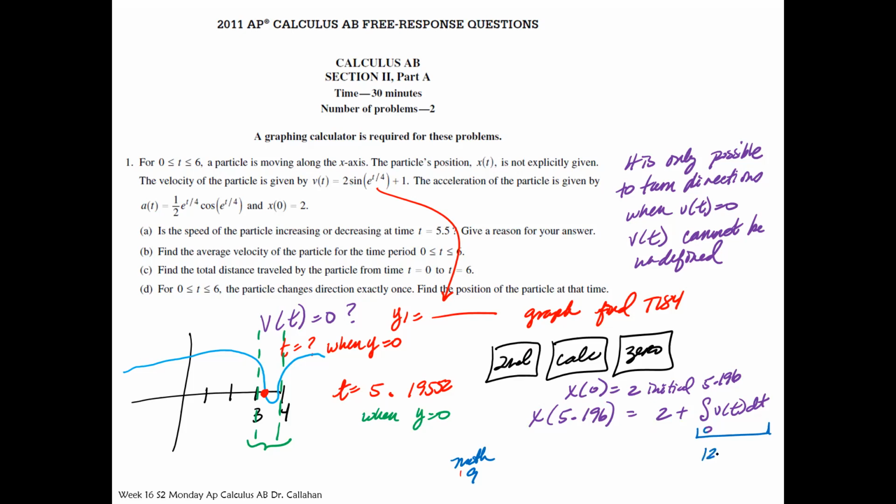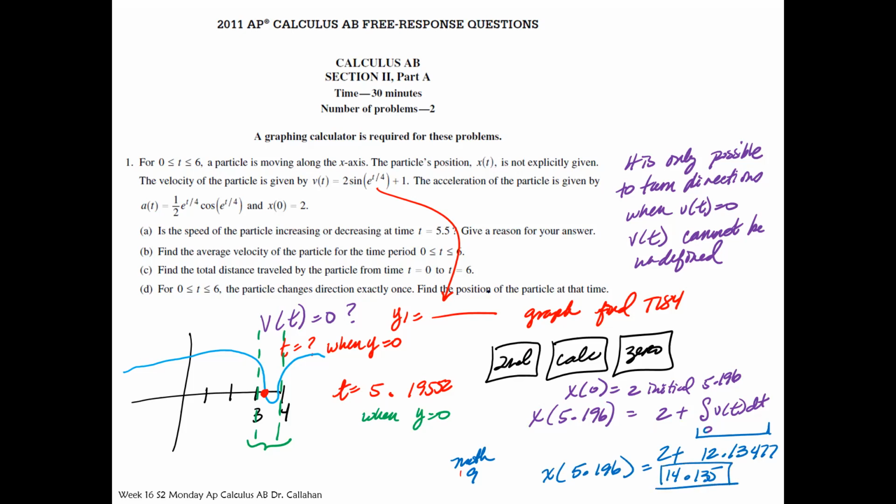This piece right here should give you 12.13477. Add it with a 2, and then your x of 5.196 is going to equal approximately 14.135.